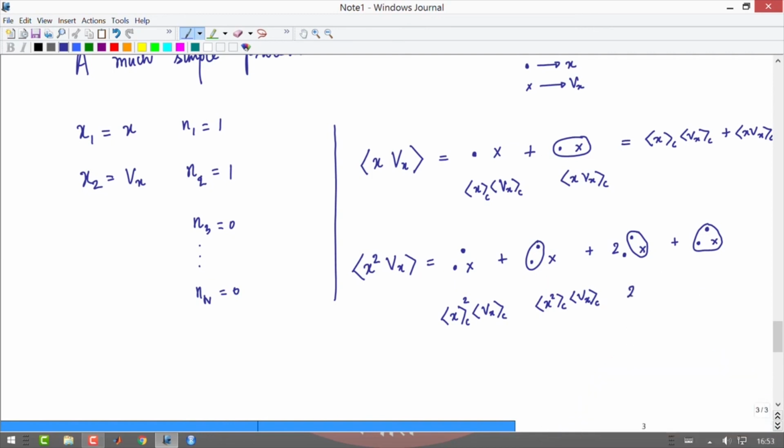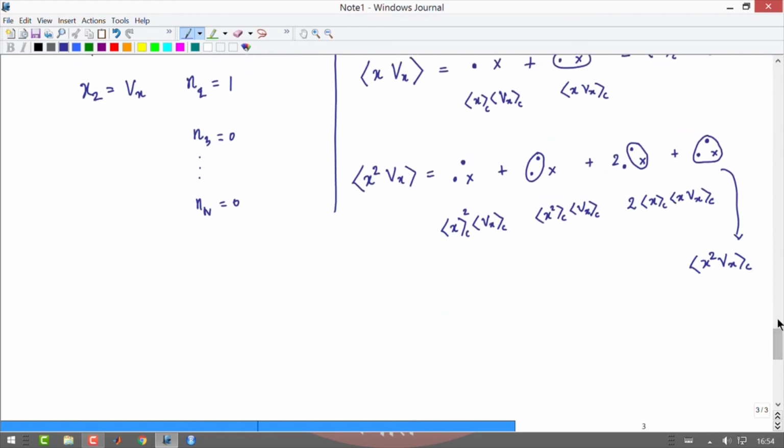And the third combination is 2 times, and the fourth combination is, I'm going to write it here. So that is basically the value for the joint moment of x square and vx.